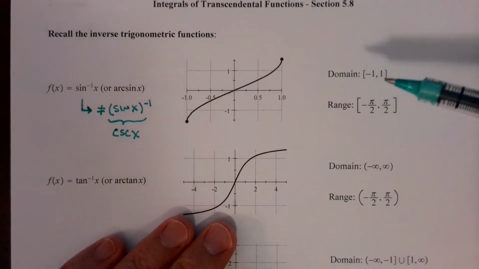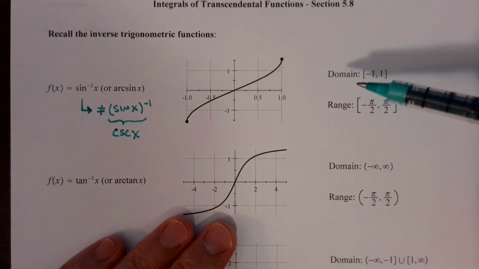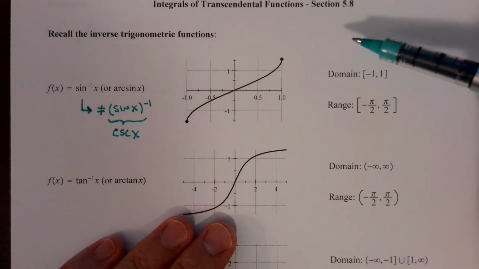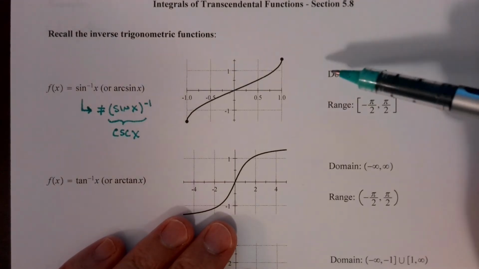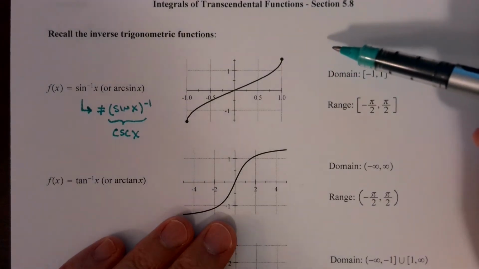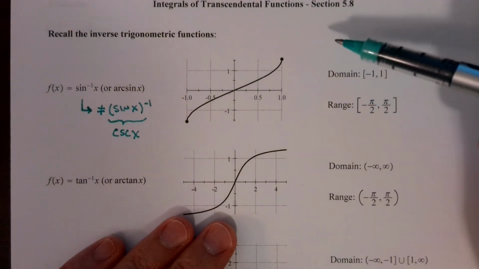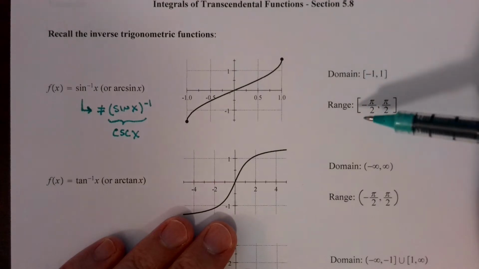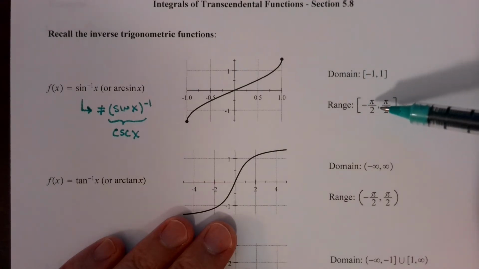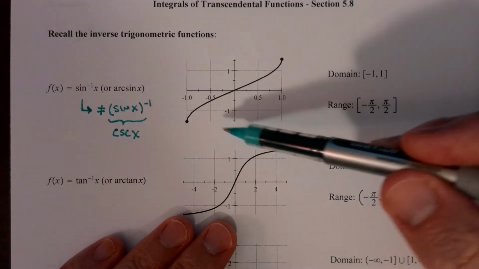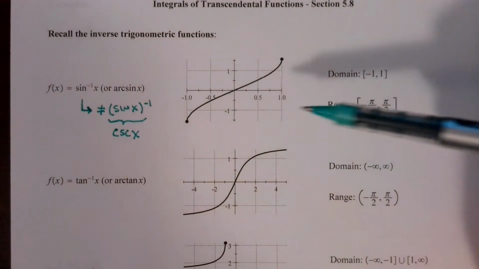In other words, for every input we want to have a unique output. And so in order to do that, we restrict the interval. And the interval we choose is this interval, mainly because it contains 0. So here's the graph of the inverse sine function.